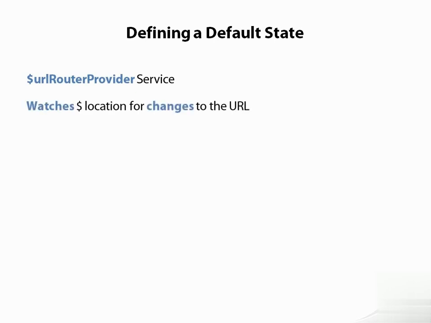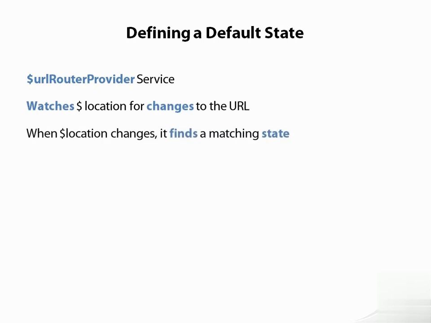When we ran the application, we had no initial page displayed. That's because our routing does not define a default route state. A default route state provides a fallback state for use when no other state is activated. We can define a default state using the $urlRouterProvider service. The $urlRouterProvider service watches $location for changes to the URL.